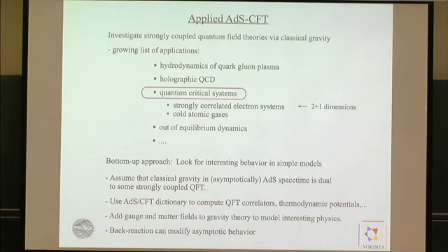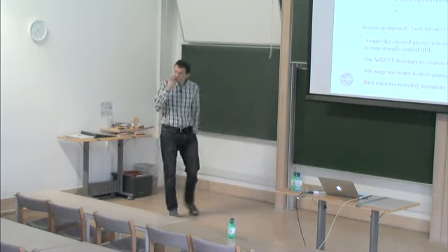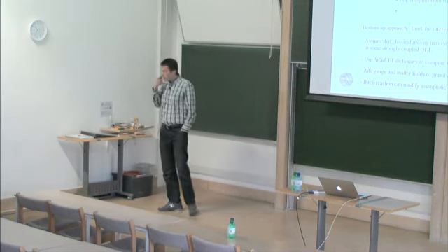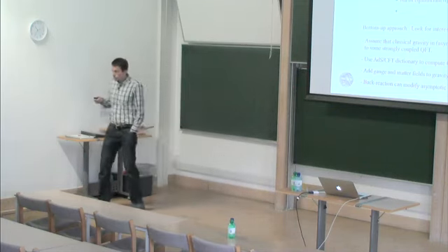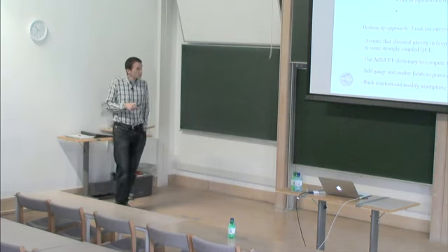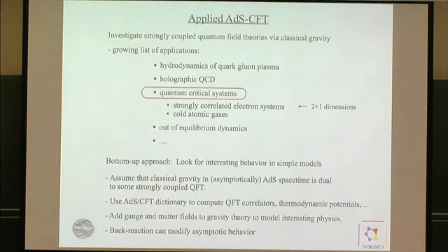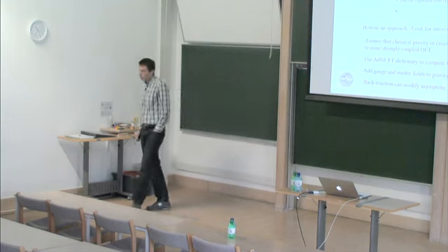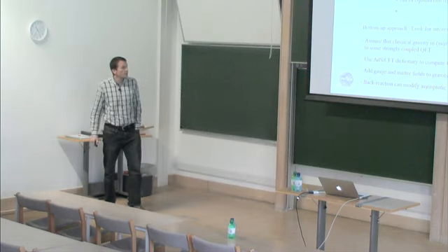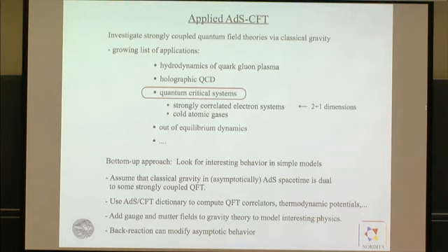And so our approach will be that the gravity model that we write down is dual to some strongly coupled quantum field theory. We will use the AdS/CFT dictionary to calculate correlation functions for this quantum field theory, or actually today I will mostly be focusing on doing thermodynamics, so I will use the prescription to compute thermodynamic potentials and look at their behavior, in particular as I vary a background magnetic field.